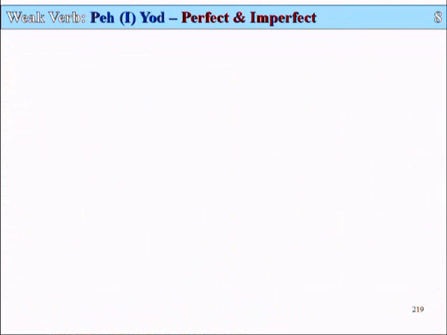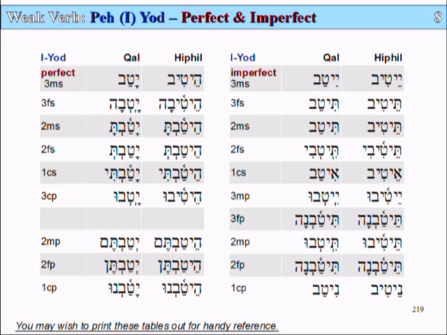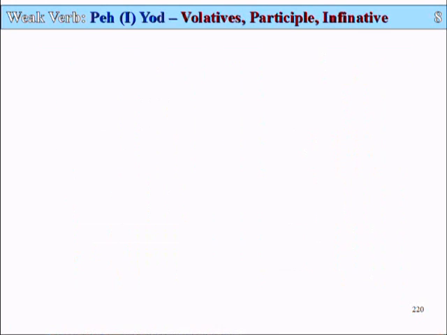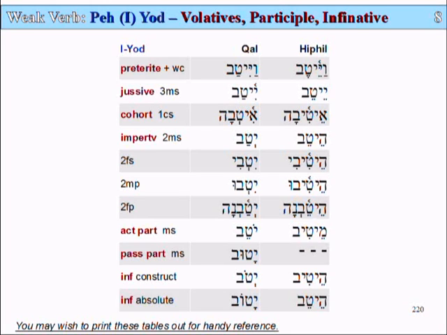And the pe yod perfect and imperfect on slide 219. And finally, on slide 220, the pe yod volitives, participle, infinitive, etc. And that's it for the tables for the weak verbs.